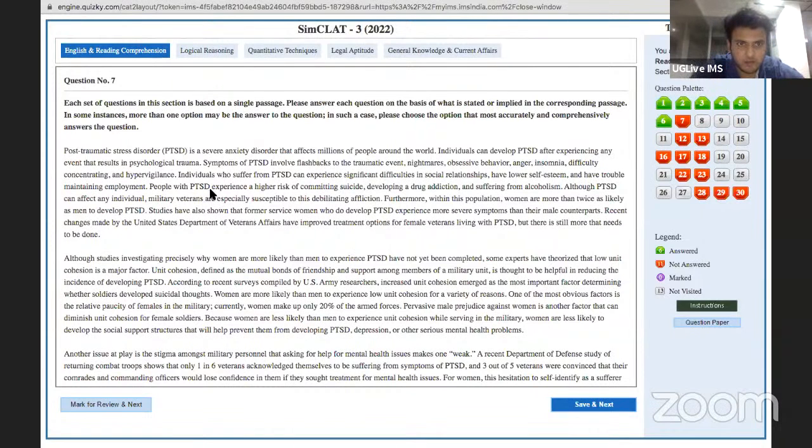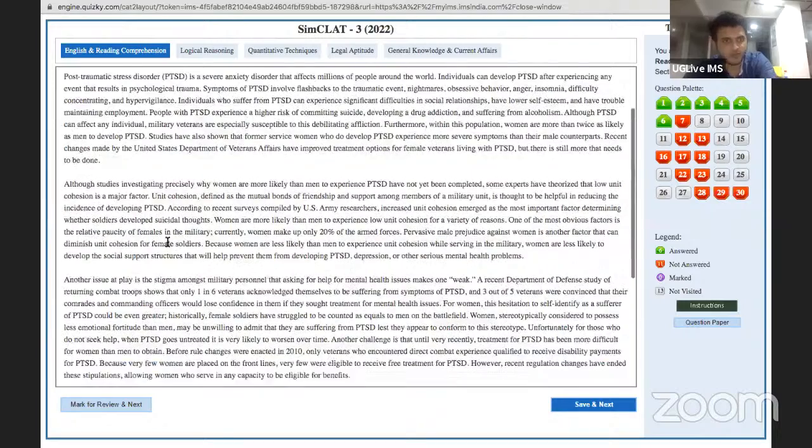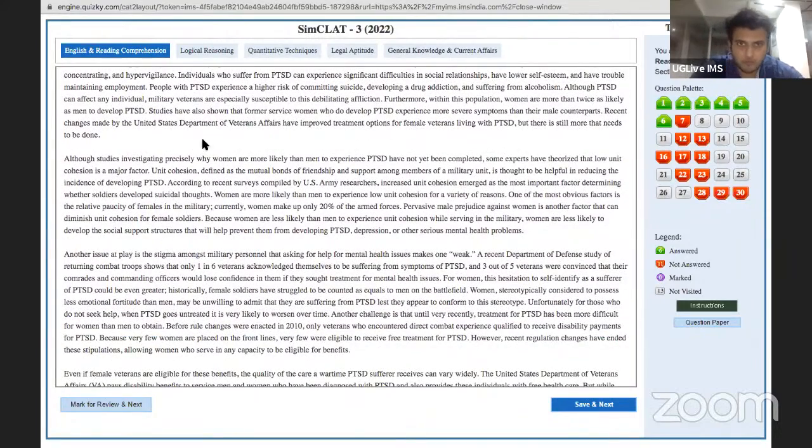People with PTSD experience a higher risk of committing suicide, developing a drug addiction, or suffering from alcoholism. PTSD can affect any individual. Military veterans are especially susceptible to this debilitating affliction. Furthermore, within the veteran population, women are more than twice as likely as men to develop PTSD. Studies have also shown that female veterans who develop PTSD experience more severe symptoms than their male counterparts.